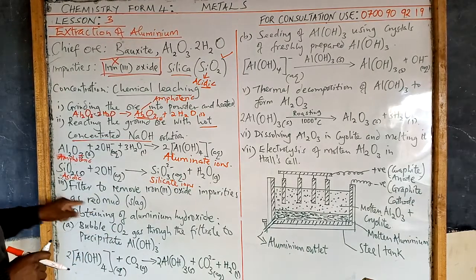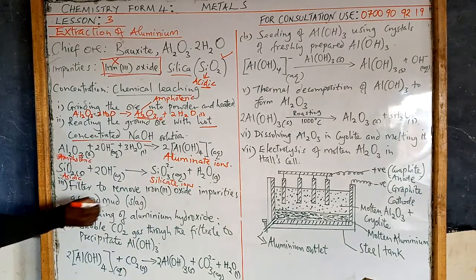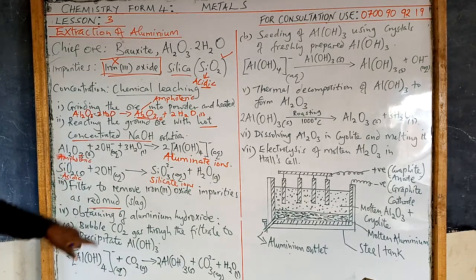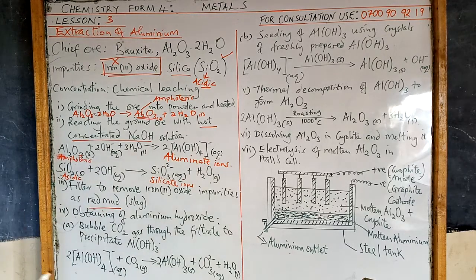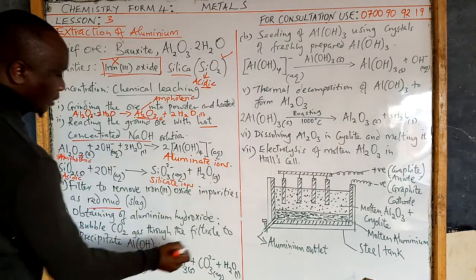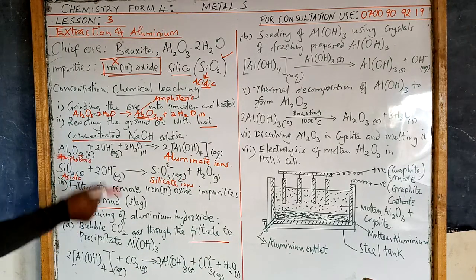So at this point, by filtration, iron 3 oxide impurities are removed in form of red mud, or what we call slag. Step 4. Now you need to obtain aluminium hydroxide, and there are 2 ways of doing this. One way is by bubbling CO2, carbon dioxide, through the filtrate. So here you have filtered, you have gotten the red mud and the filtrate.